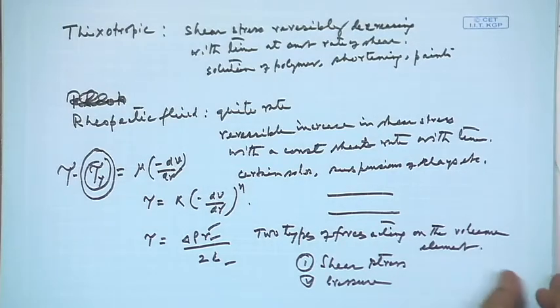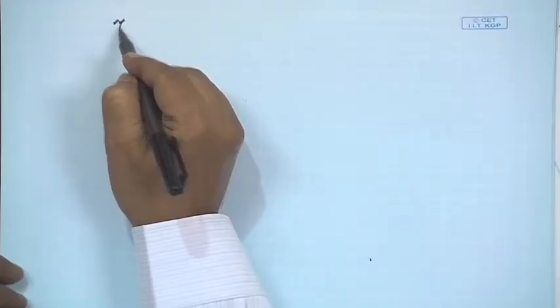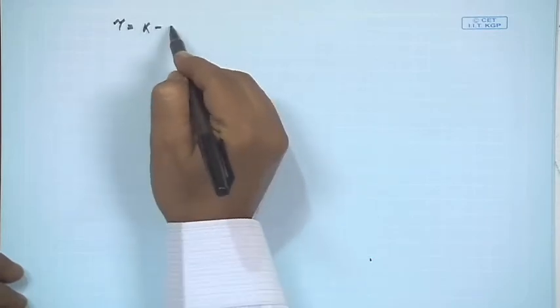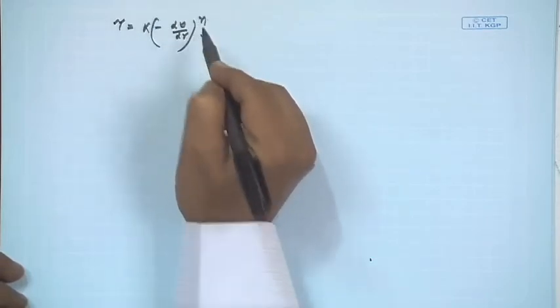If we begin with this, then substituting the value of tau, we have given tau is equal to k times minus dV/dr to the power n, right.